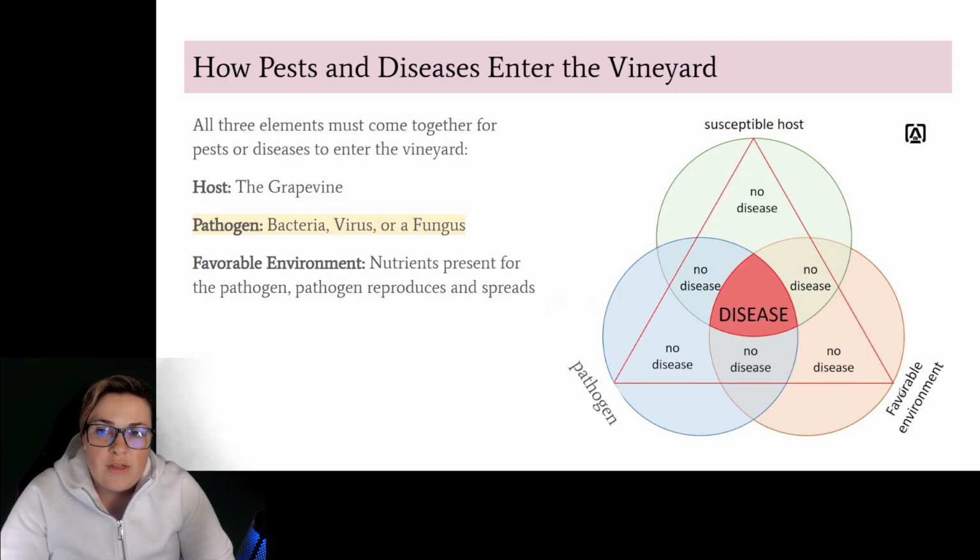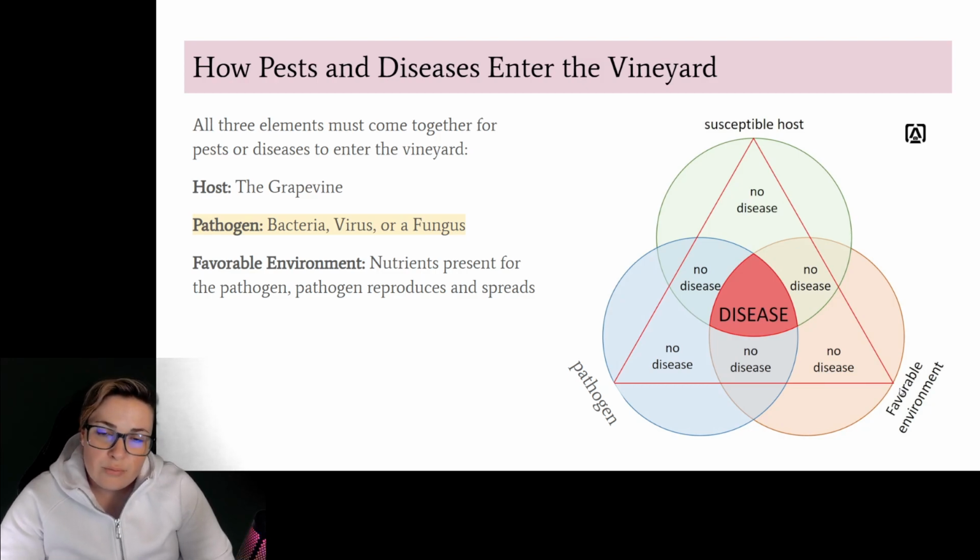Cool. So for those of you that saw the integrated pest management presentation, this should look very similar for you guys. And it is the same concept, right? So how pests and diseases enter the vineyard is there three things need to come together very well. So the host needs to be present, which is the grapevine. The pathogen needs to be present, so the bacteria, virus, or the fungus. And then also a creation of the favorable environment.